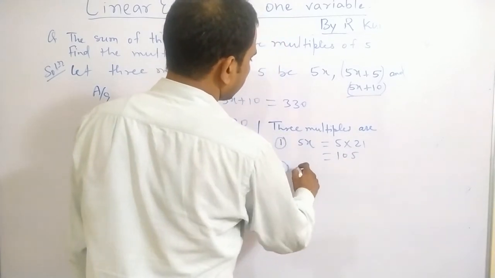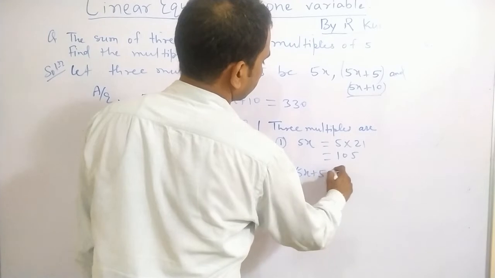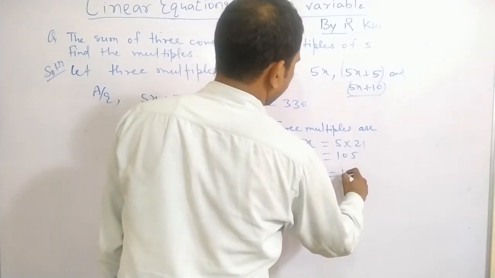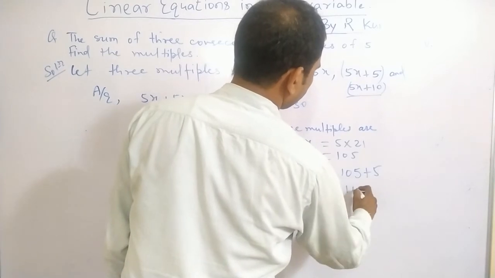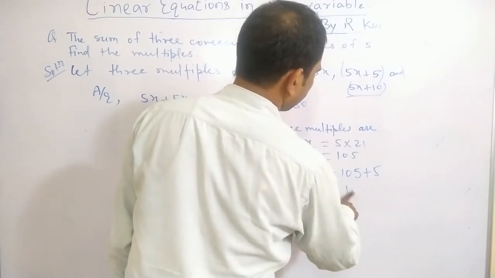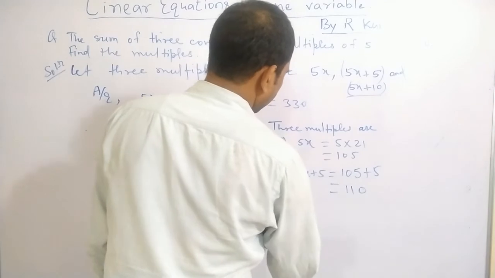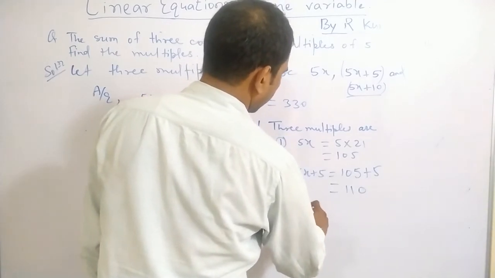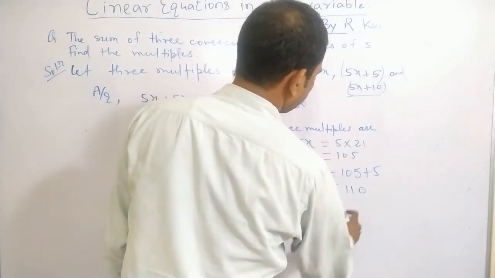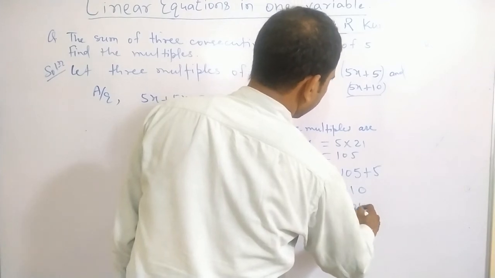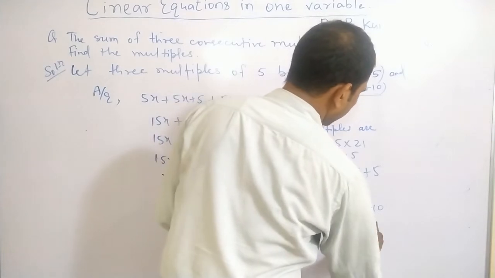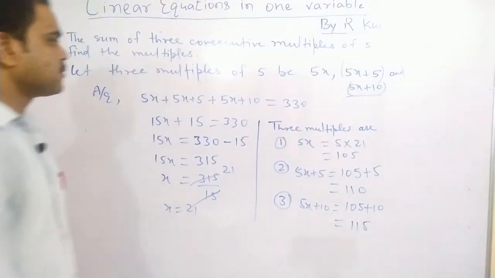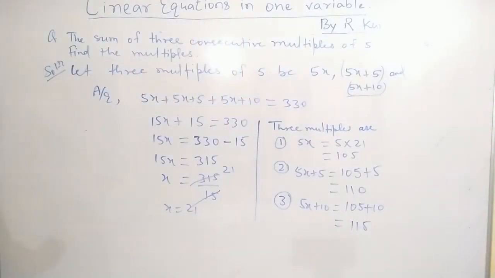Second number, it is 5x plus 5, means 105 plus 5 will be equal to 110. Third number will be 5x plus 10 equals 105 plus 10, now 115. So in this way you will do these questions.